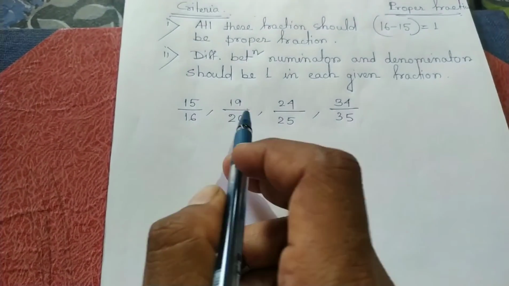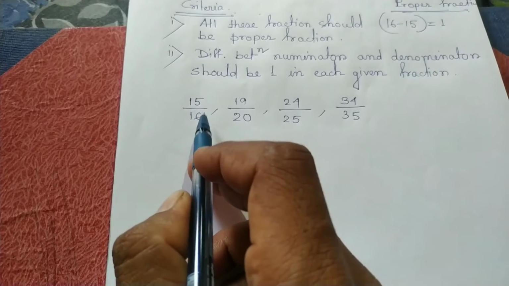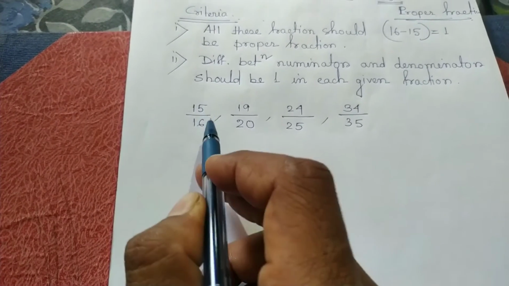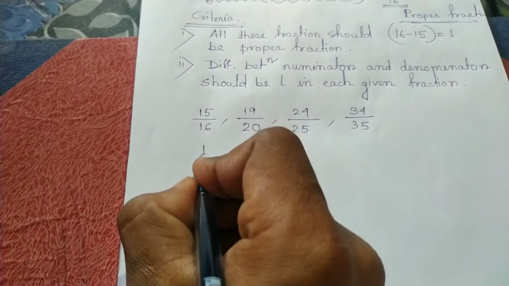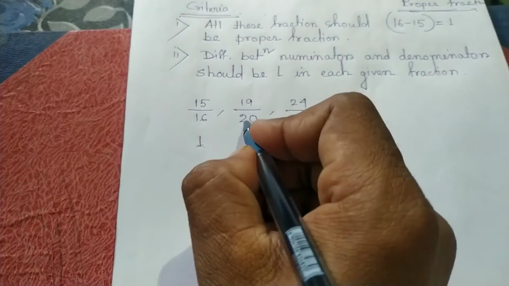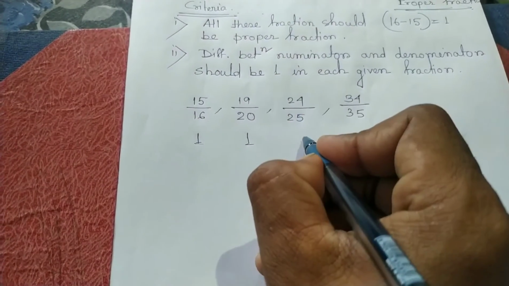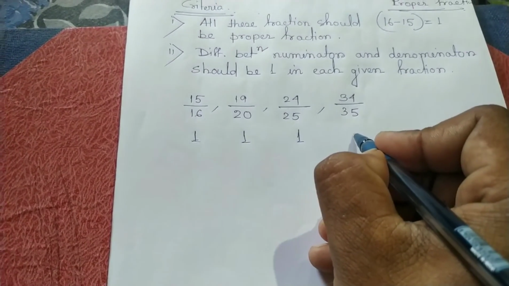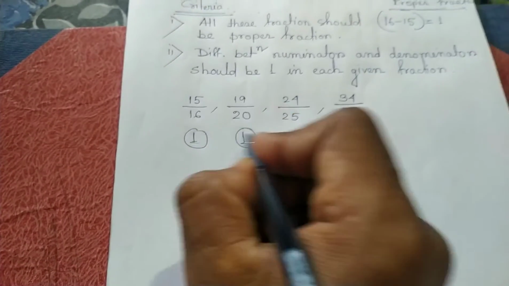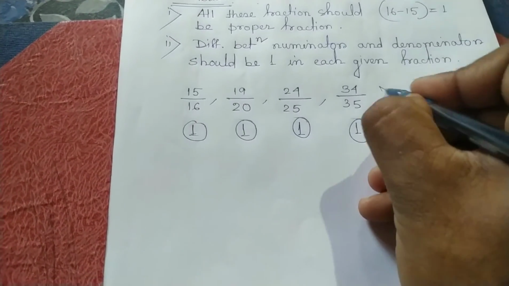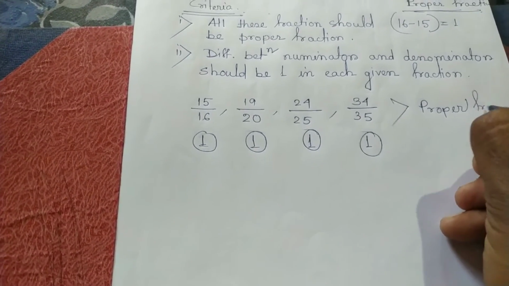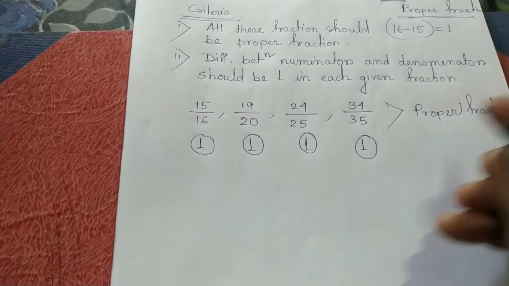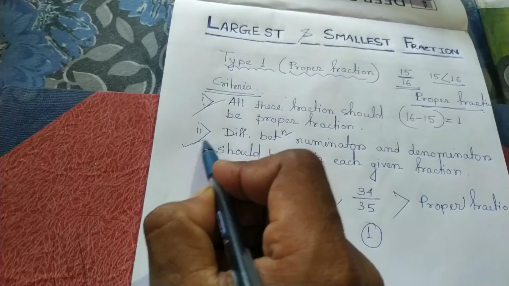You can see all these are proper fractions, and also the difference between the numerator and denominator is 1. 20 minus 19 is 1, 25 minus 24 is 1, 35 minus 34 is 1. So here the main two criteria are maintained.